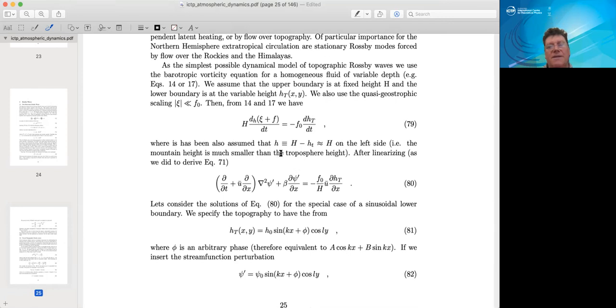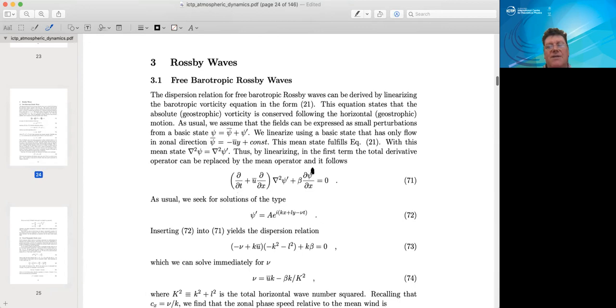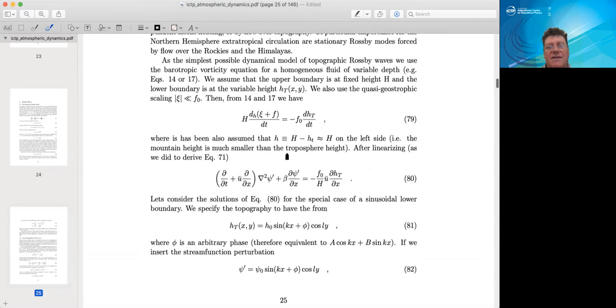Now, this also means that, as this is just a constant, linearization of this term here leads us exactly to the same expression that we had by linearization of the barotropic vorticity equation. So that is exactly the same thing.